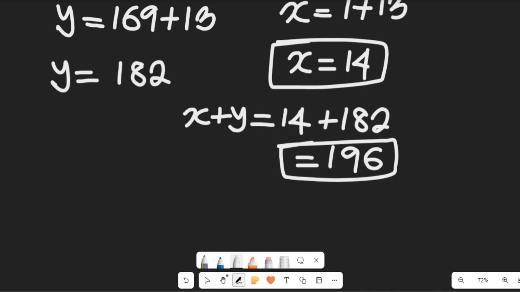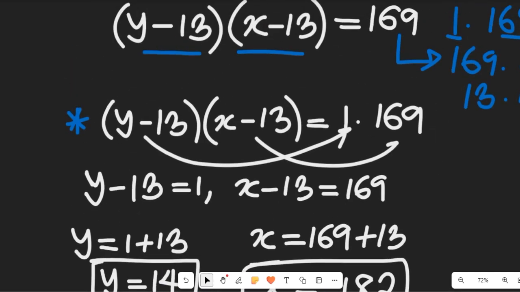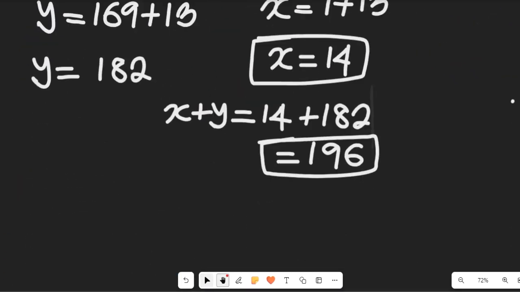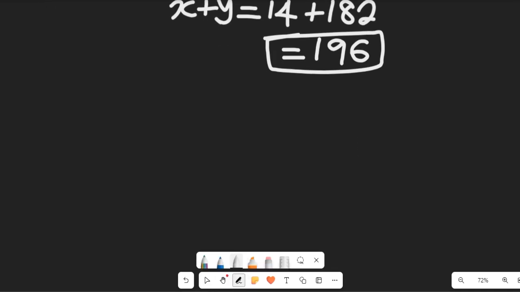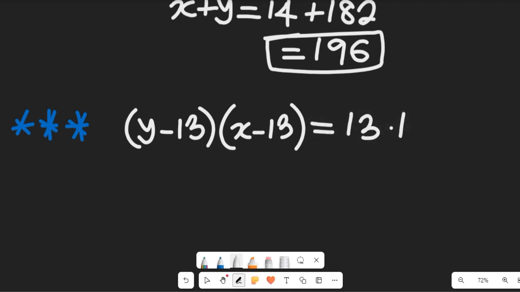Now in the third case solution, we're going to consider both equations to be equal to 13. So in the third case solution, we're going to have (y minus 13) multiplying (x minus 13), and this will be equal to 13 multiplying 13.